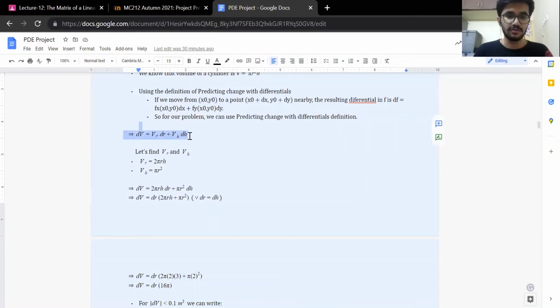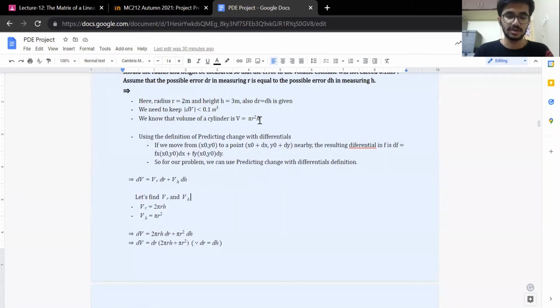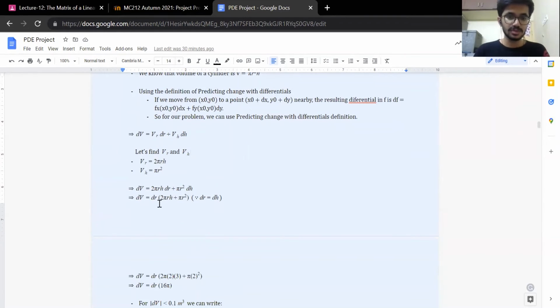So here is the new equation for our problem. Here is the partial differentiation of volume, where V is equal to pi r square h. So Vr would be 2 pi rh and Vh will be pi r square. Similarly, Vh we can also find out.